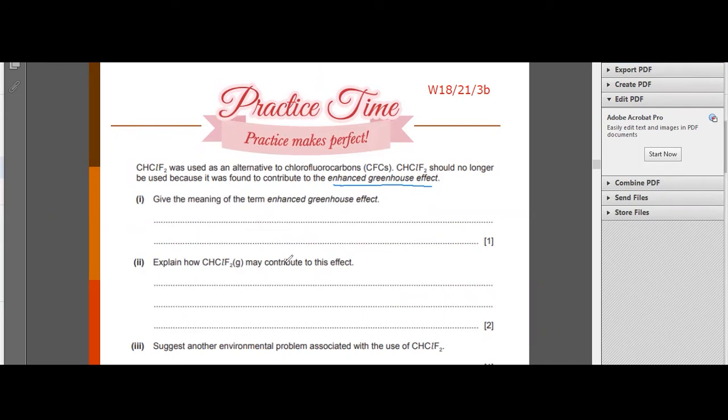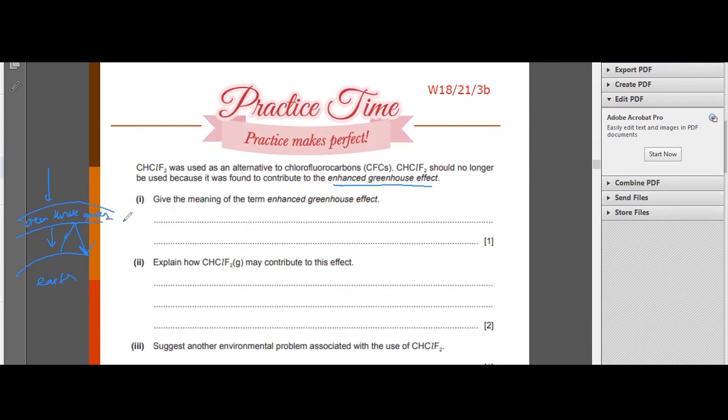The layer of greenhouse gases will trap the sunlight. So this is Earth. The sunlight can pass to reach the Earth, but Earth cannot reflect it back. So the temperature of Earth will increase. That's the effect of greenhouse gases.